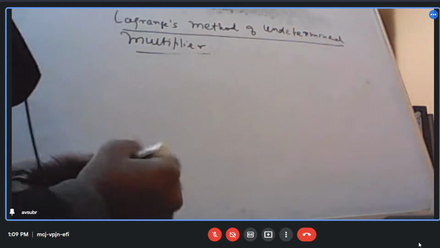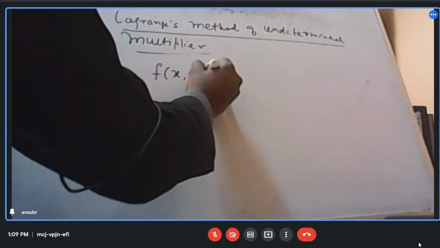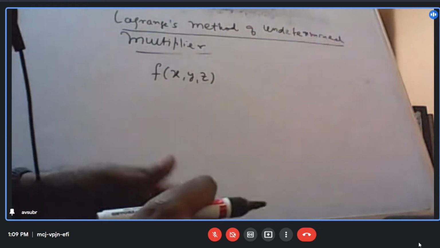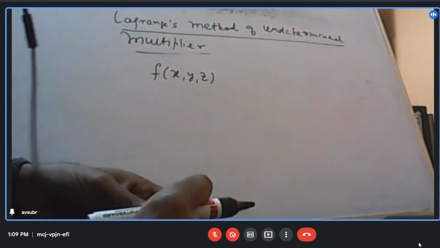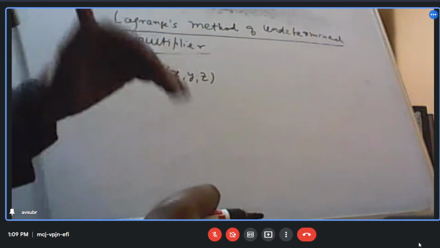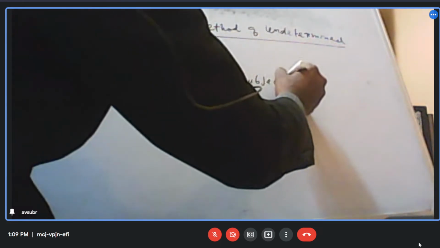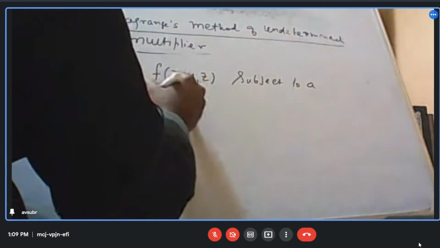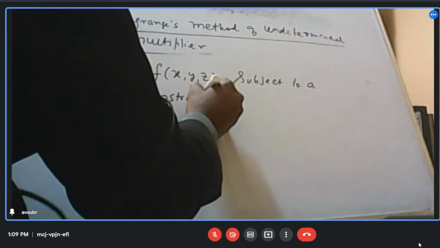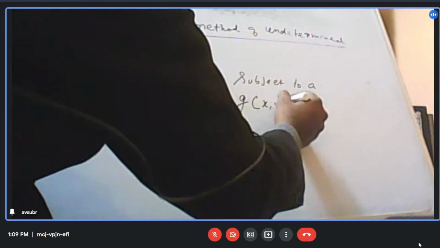Now, in such cases, let us say you have a function, and this function should be extremum, that is maximum or minimum, subject to a constraint, which is given by another equation, g is equal to k.